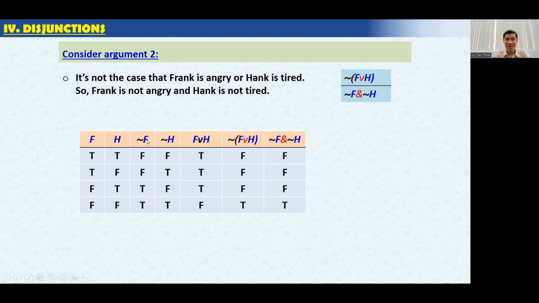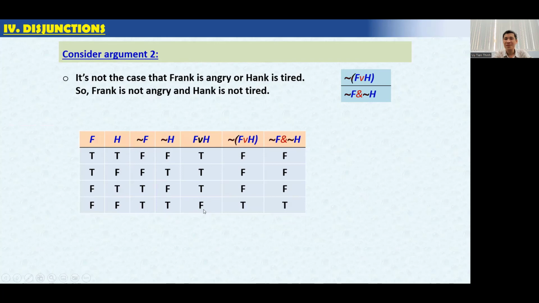Not F is a negation of F. Then true, true, false, false becomes false, false, true, true. Not H is just a negation of H. True, false, true, false becomes false, true, false, true. F or H is false when both of the claims are false. It is only false on the last line.